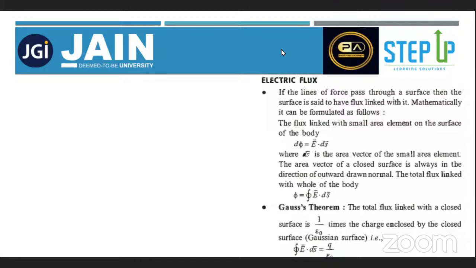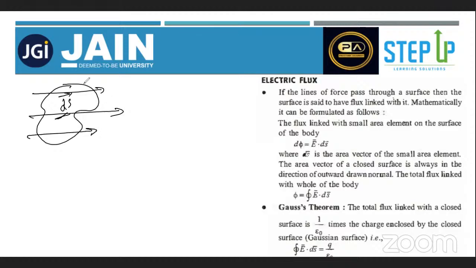Okay, next we have electric flux. What happens is you have a particular area whose area vector is represented by dS vector, and electric lines pass through it. To calculate how many field lines are passing through it, we have defined a quantity known as electric flux.